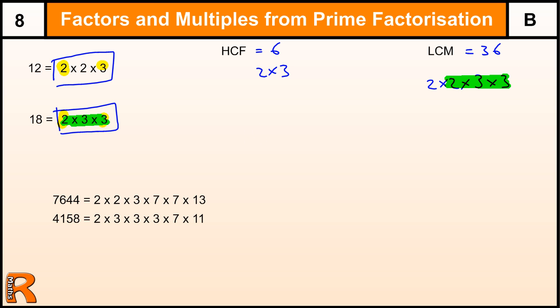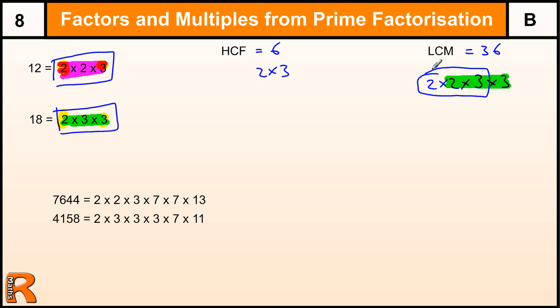And then if we look at the 12, which is 2 times 2 times 3, so that's the 2 times 2 times 3. So there's our 18 and there's our 12.